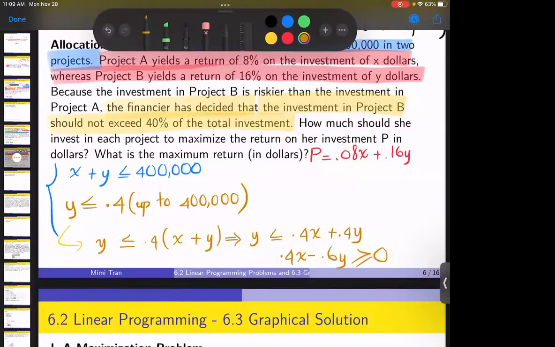Everybody see that, right? So that's inequality 2, inequality 1. And the last one, I'll call them 3. So that's your setup: 1, 2, 3, and then the profit function.